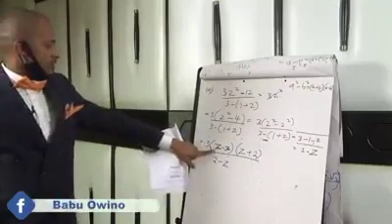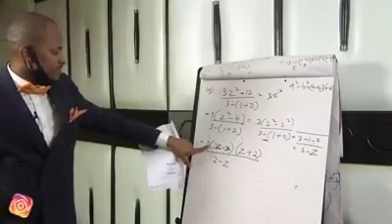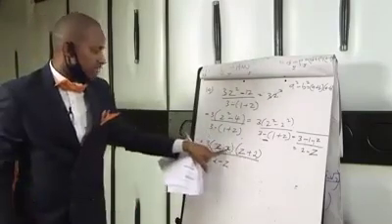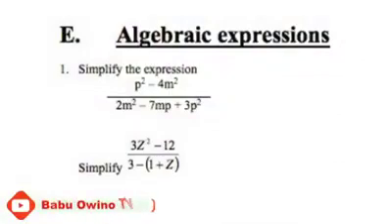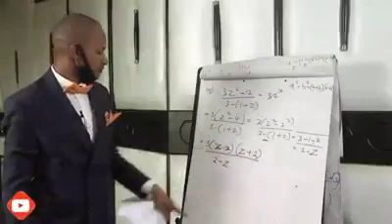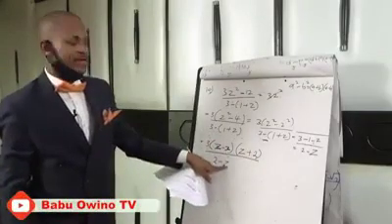Again, you can easily see that we have 3 into z minus 2 into z plus 2 divided by 2 minus z.